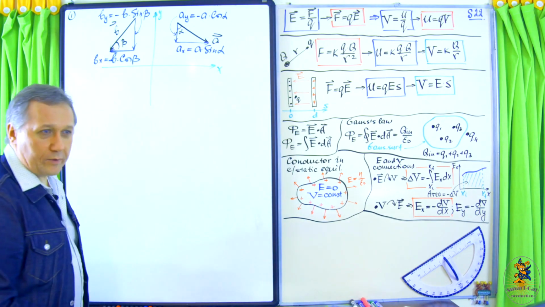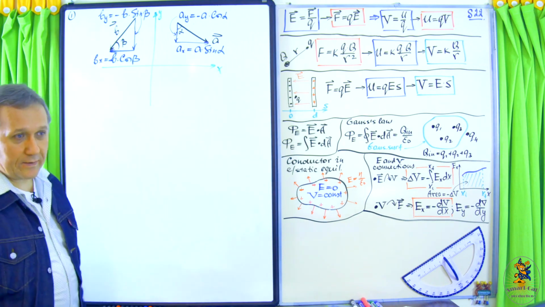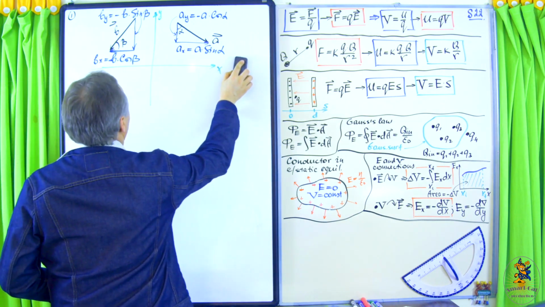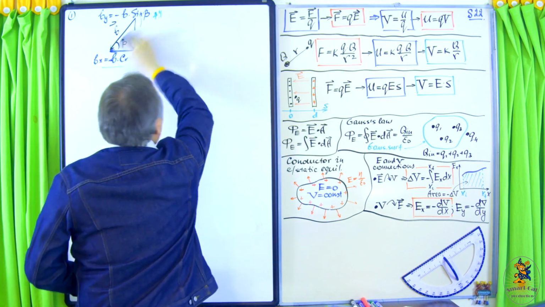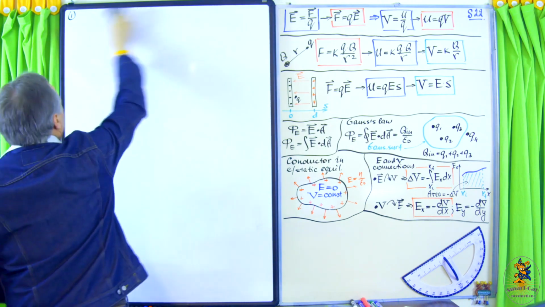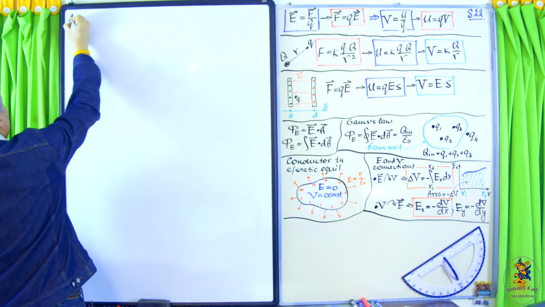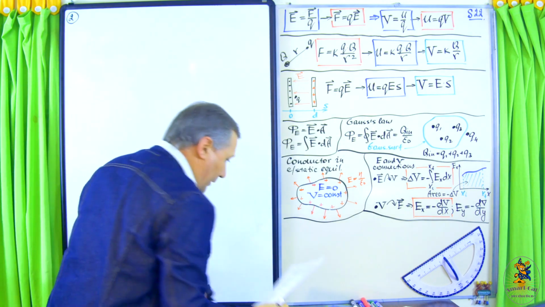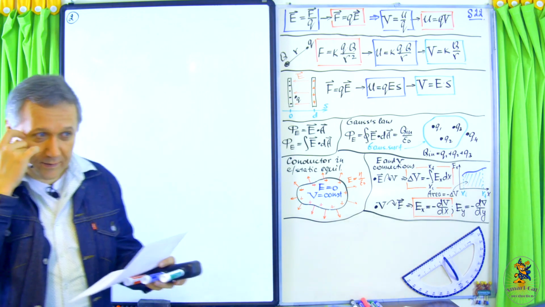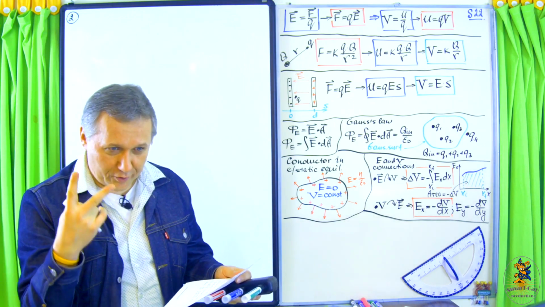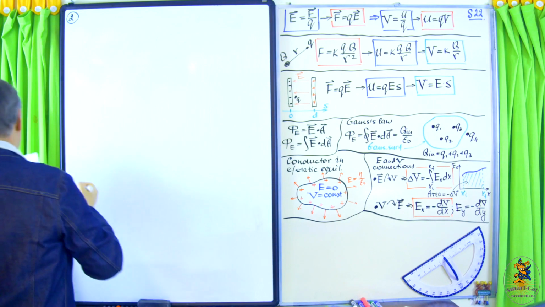Okay, for this problem I will need lots of space, so I'll have to erase this. So, let's find the net electric field created by two point charges.